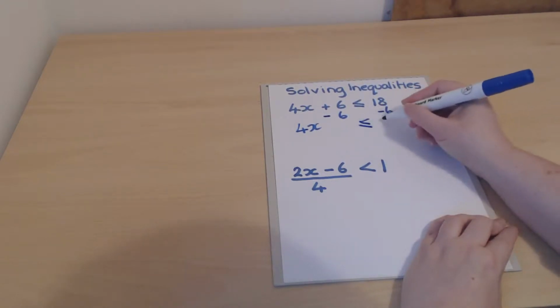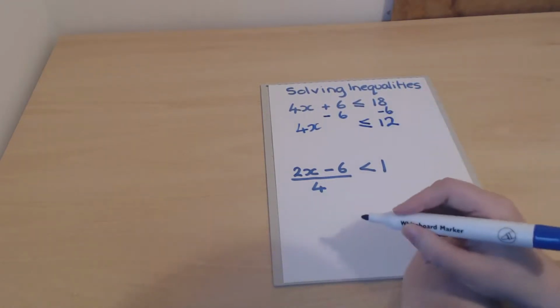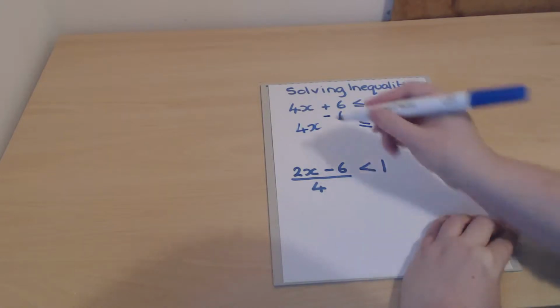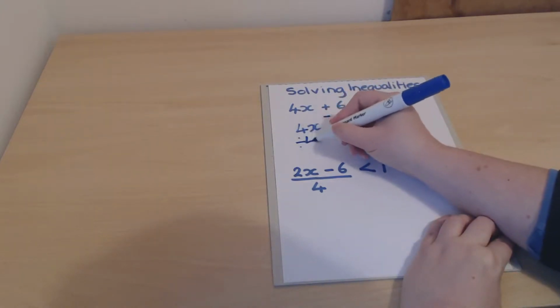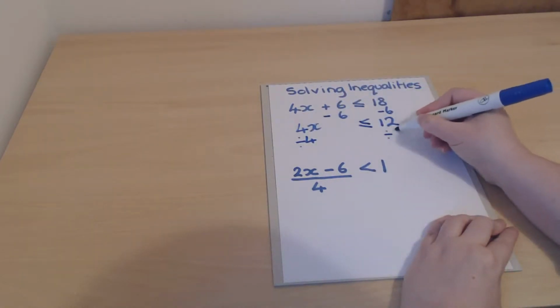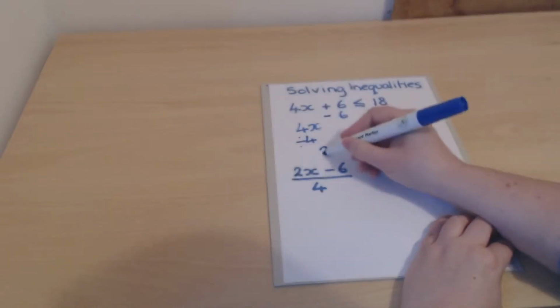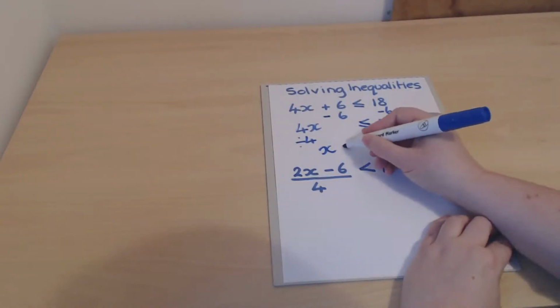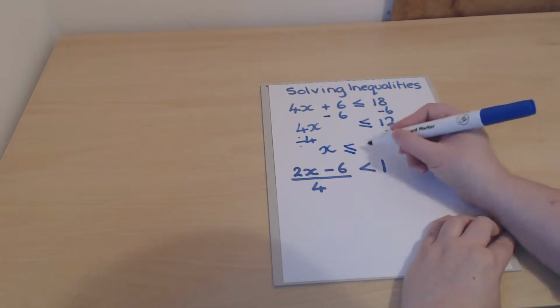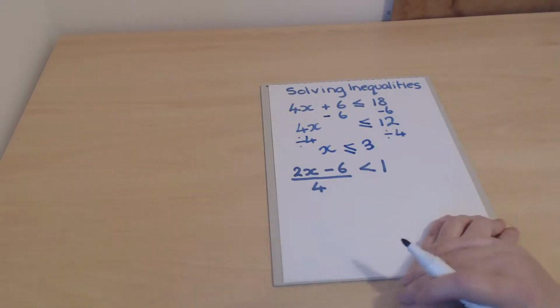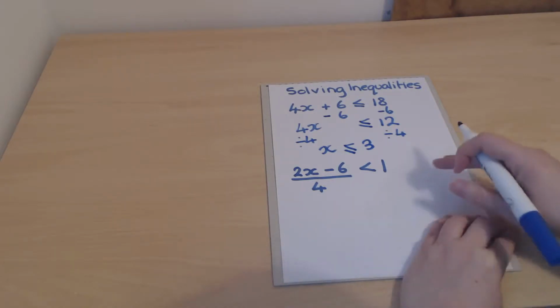And on this side we'll have 12. And then the last step, we're going to divide by 4 on both sides. And that's going to give us x is less than or equal to 3. So as I say, it's exactly the same process as we would use if we were solving an equation.